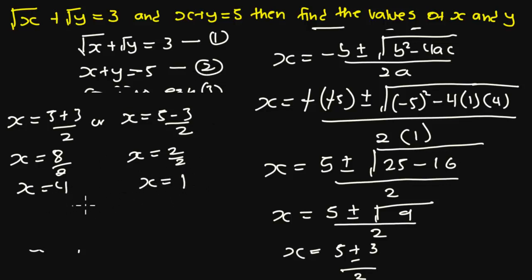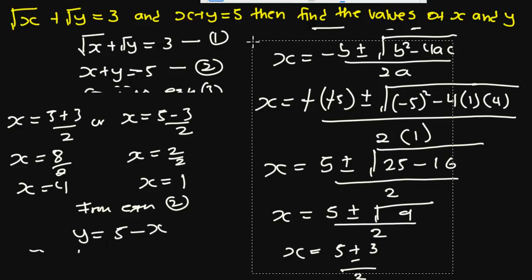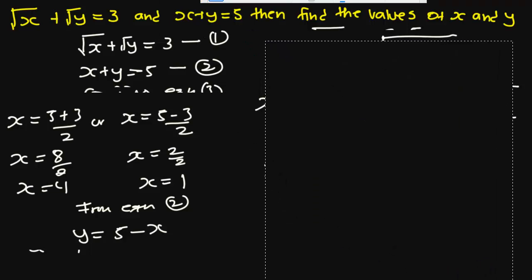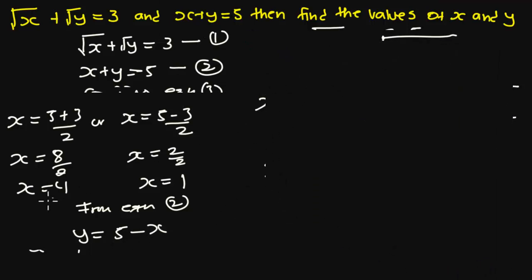Now from equation 2, we can make y the subject. So we are going to have y is equal to 5 minus x. So here when x is equal to 4, y will be equal to 5 minus 4, and y will be equal to 1.